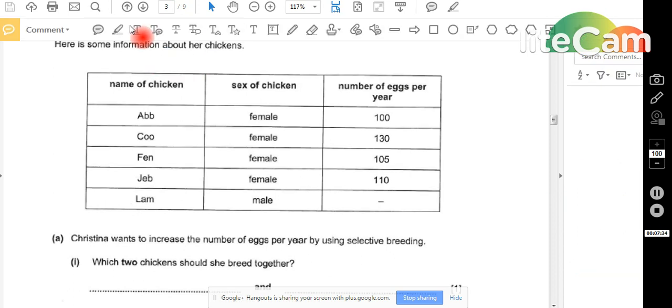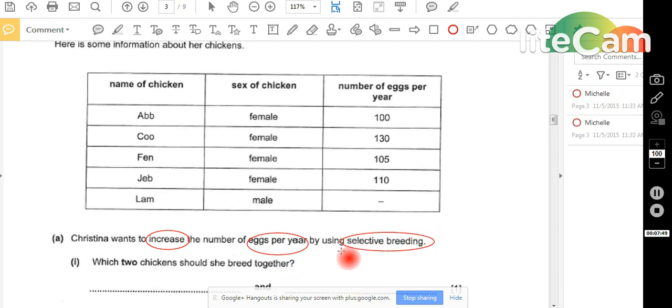Okay, now what's important here is that she wants to increase. And what does she want to increase? The eggs that are laid per year. How does she do that? By selective breeding. Okay, so you have to know what is selective breeding.